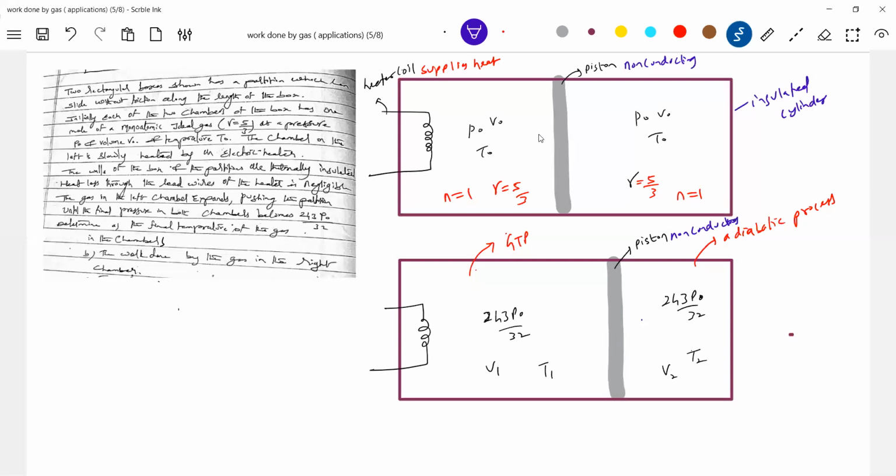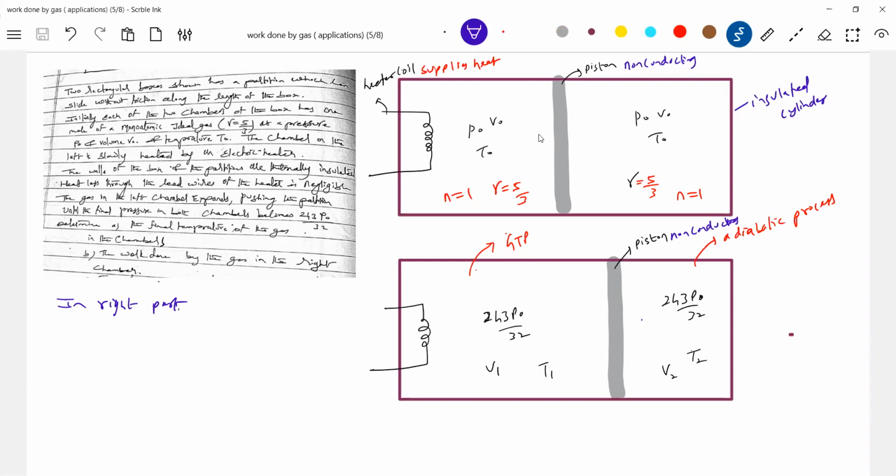Okay, first we'll get into the right part. In the right part, shall we use the formula for an adiabatic process, P to the power 1 minus gamma, T to the power gamma? Can you remember that formula?